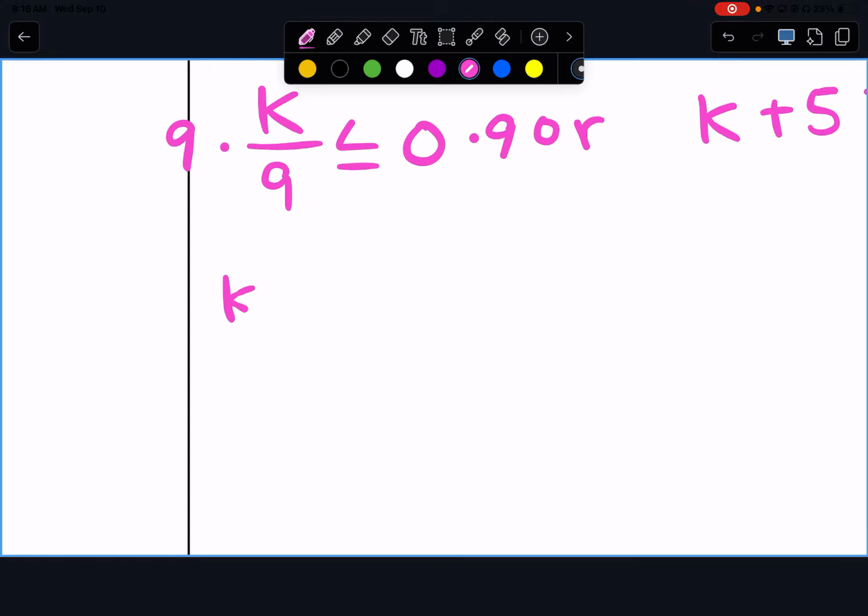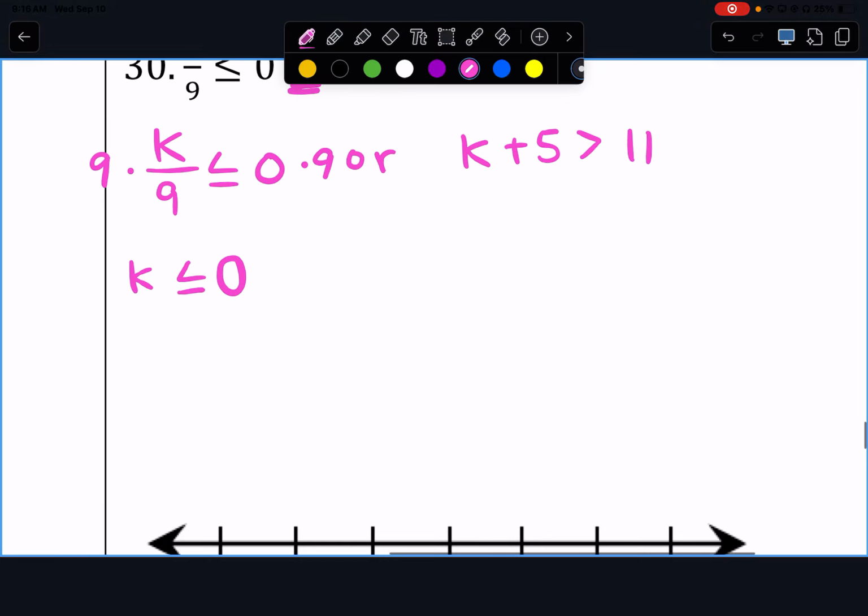So I have k is less than or equal to, what is 0 times 9? 0. Then over here, how would I solve k plus 5 is greater than 11? Minus 5. So I get k is greater than, what is 11 minus 5? 6. So we have k is less than or equal to 0, or k is greater than 6.